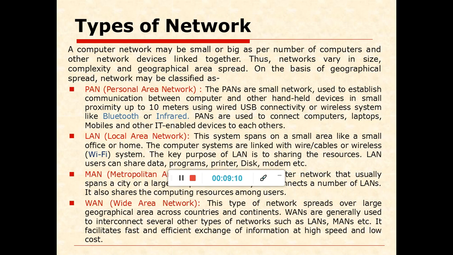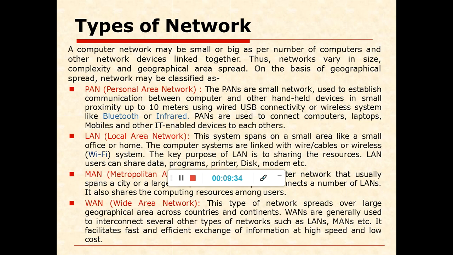By using LAN we can share data from one system to another. The key purpose of LAN is to share resources. Resources, I already told you, are data, programs, printers and so on. LAN users can share data, programs, printers, disks, modems, etc.